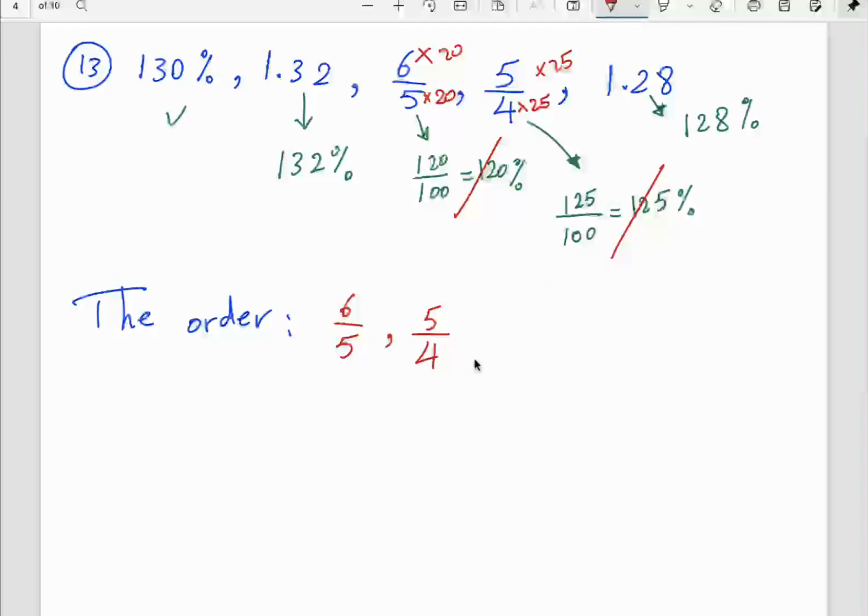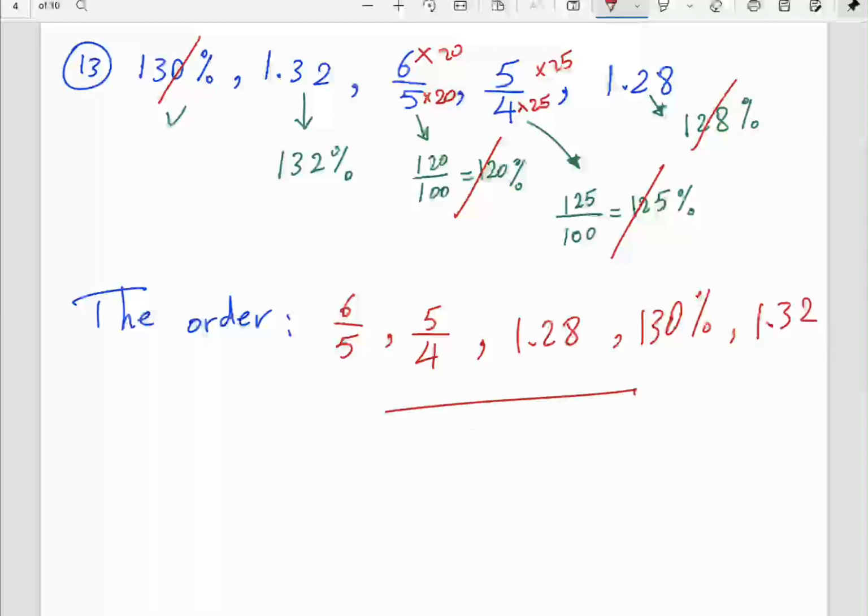And then 1.28, and 130%, and then 1.32. Okay, thank you, Diya. Great work. Thank you, my hero. You're welcome.